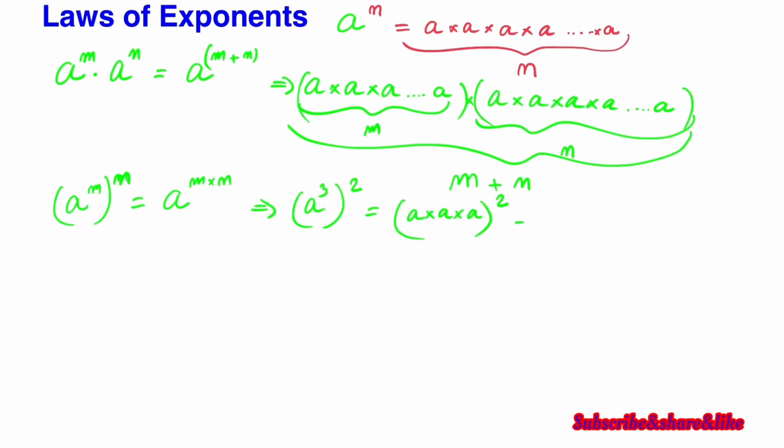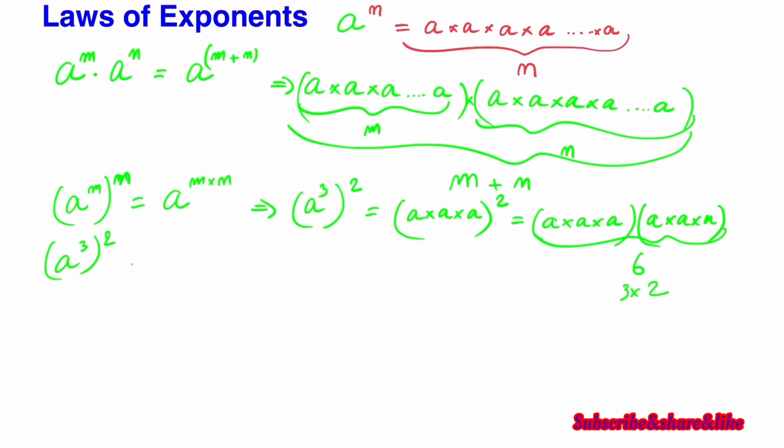It means a cubed, two times, which is a times a times a times a times a times a. If you count them, it is 6 times, and 6 is just 3 multiplied by 2. Therefore a to the power 3 2 is just a to the 6th. That's where it comes from.